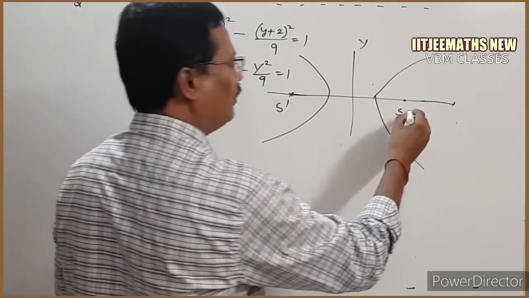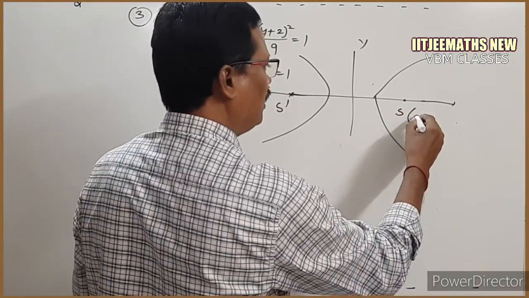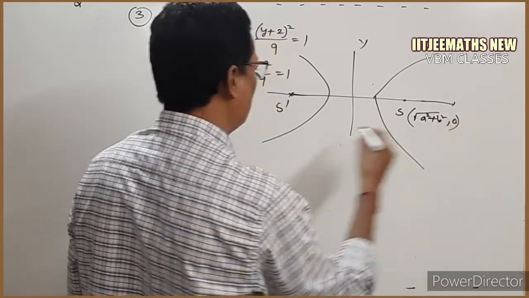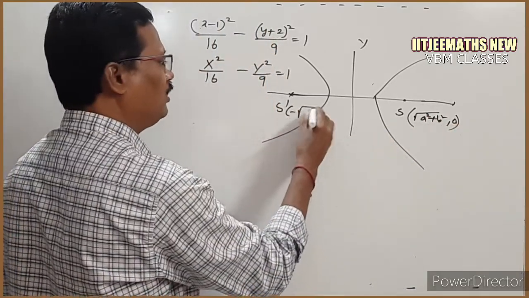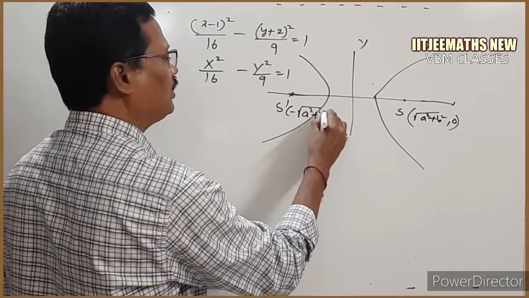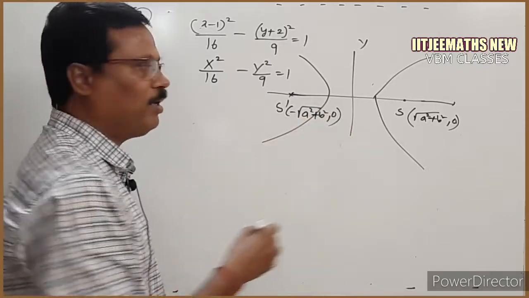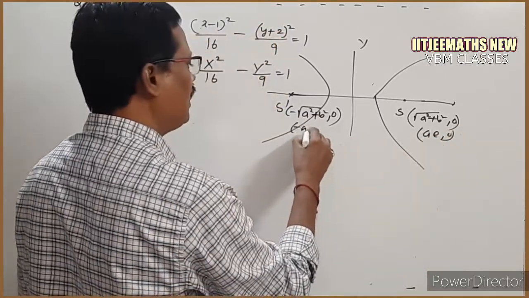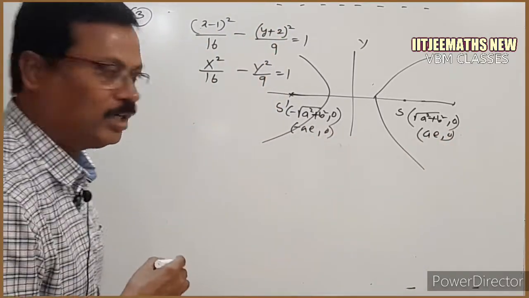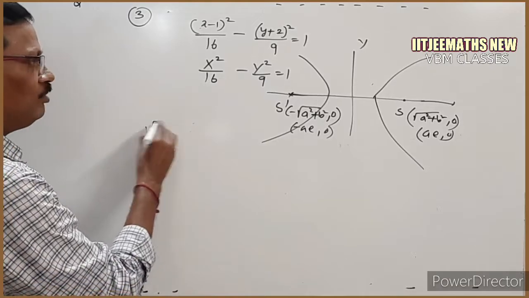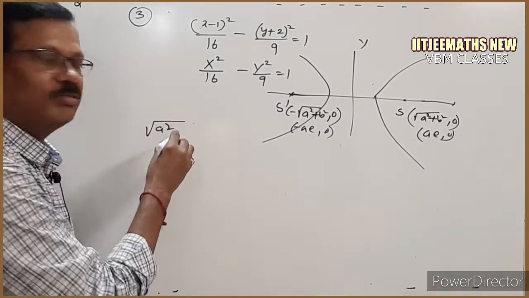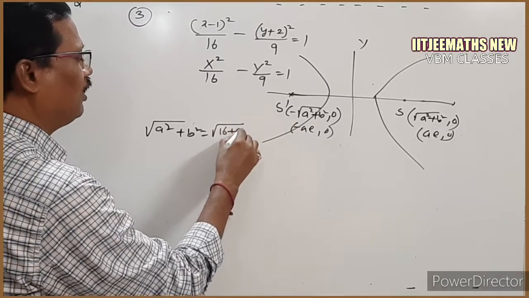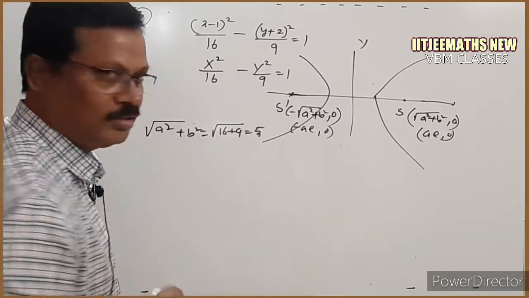Then what about the foci? Can we write (under root of a square plus b square, 0)? S dash is (minus under root of a square plus b square, 0). Why? Because this is nothing but (ae, 0) and (minus ae, 0). Therefore, under root of a square plus b square is under root of 16 plus 9, that is nothing but 5.